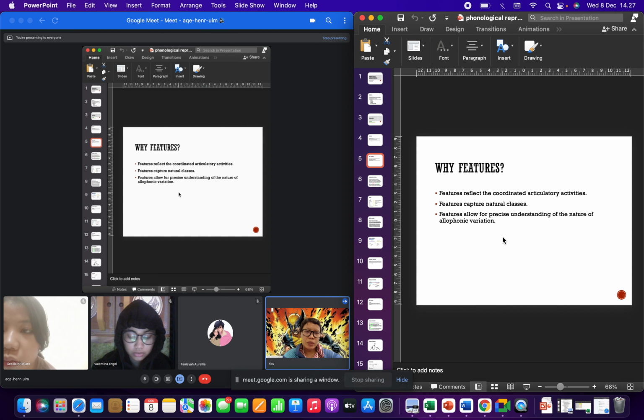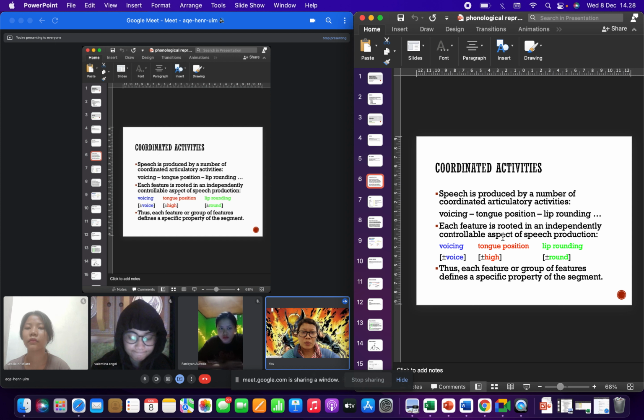Because in understanding and producing sounds, features allow us a precise understanding of the nature of allophonic variation. One word will have its allophones, and the allophones will sound different. That is why features are very important in our knowledge of sounds, or in phonology.